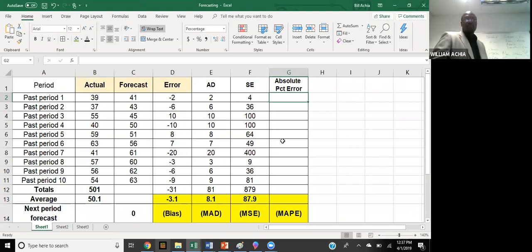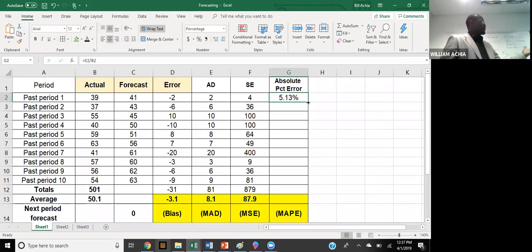So for period 1, that would equal 2 divided by your actual demand of 39. And so for period 1, the percentage error for that month was like 5%. It's a small difference of 5% between the forecast and the actual demand. Okay, so that's what the actual percentage error is.